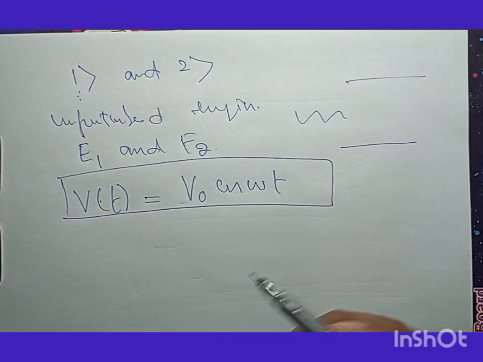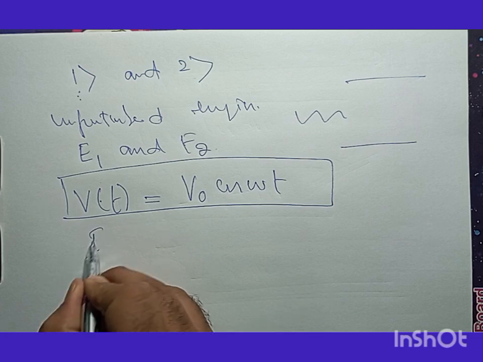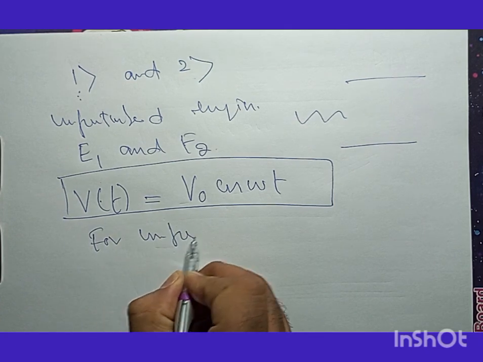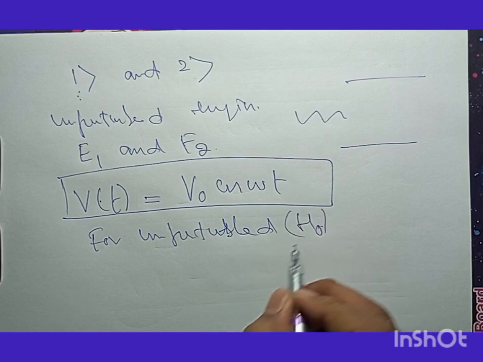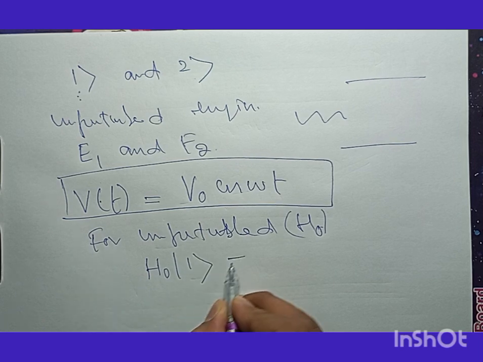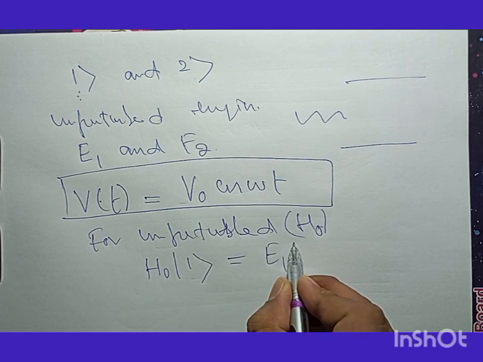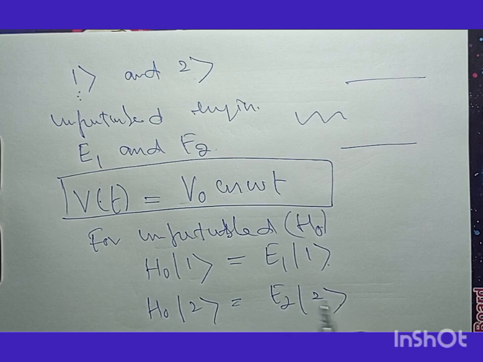So using first order time-dependent perturbation theory, for the unperturbed Hamiltonian H naught, I simply have H naught acting on state 1 giving me E1 state 1, and for state 2, I get E2 eigenstate 2.